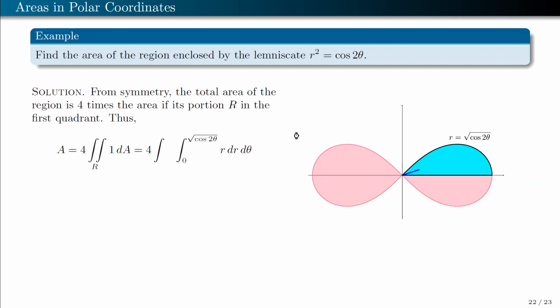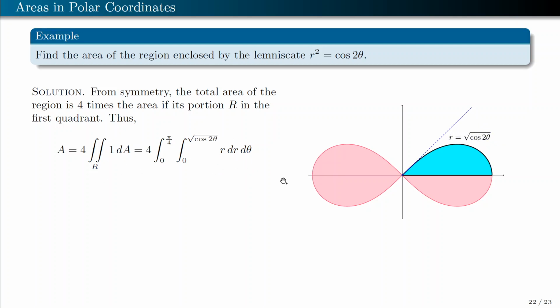Then for the bounds of theta, as we measure theta counterclockwise, we start at theta equals 0 and go up to pi over 4. Take note that it's only up to pi over 4, because pi over 4 is the angle where r equals square root of cosine 2 theta becomes 0. So indeed, theta only goes up to pi over 4. This is the setup of the bounds for this double integral using polar coordinates.